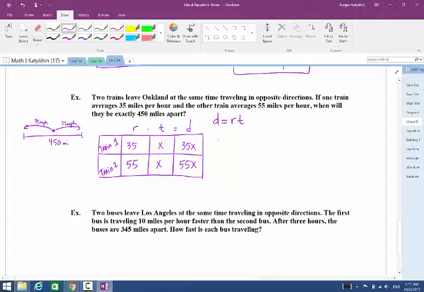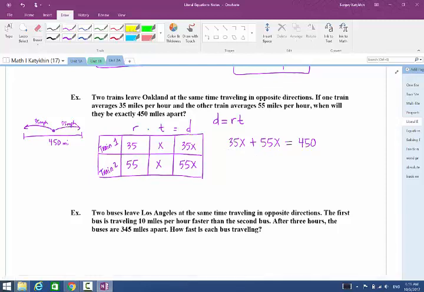Since we have this 35x and this 55x, we have to say 35x plus 55x should equal, remember, the distance of the first train plus the distance of the second train should equal 450 miles apart, because that's what we're trying to figure out. When are they 450 apart?